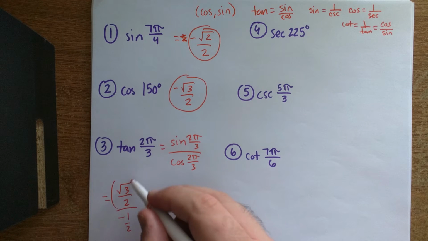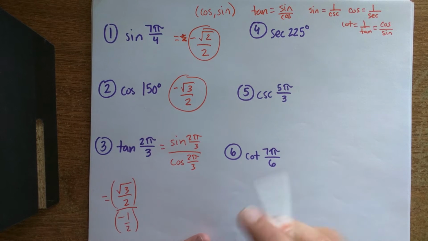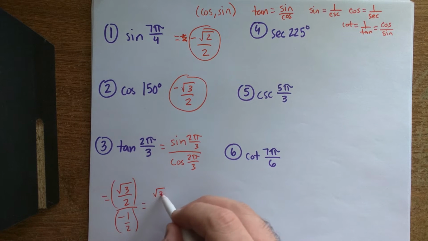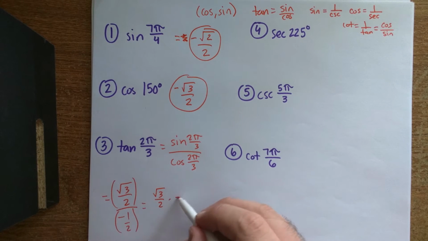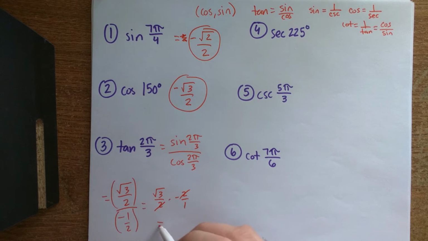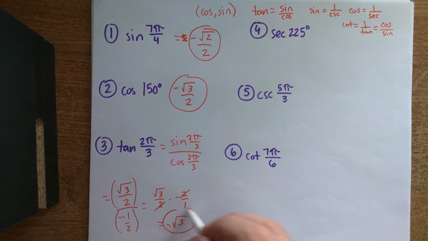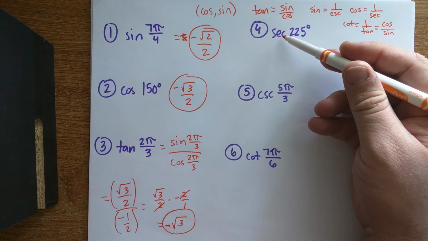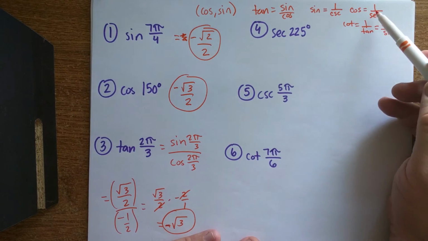Because I have a fraction over a fraction, I need to keep, change, flip. The 2's will cancel. I have a negative square root of 3 as the answer. It's a negative.